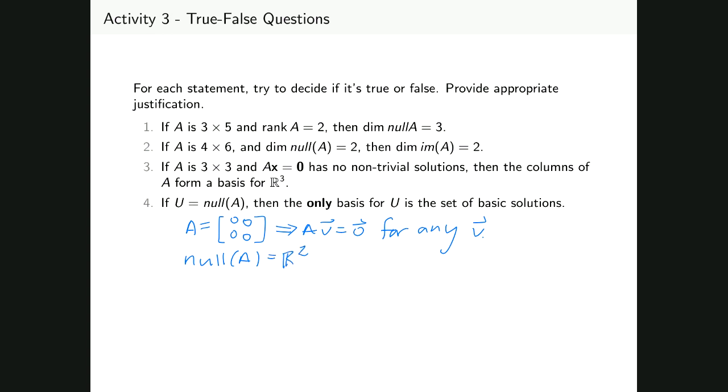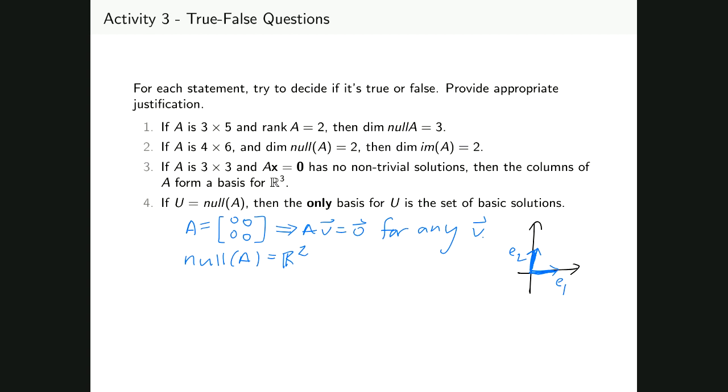Now when I think about the whole plane, I say to myself, wow, the whole plane has a lot of basis vectors. I could start off with the standard basis vectors E1 and E2, but we saw that any pair of non-parallel vectors is going to span the plane.